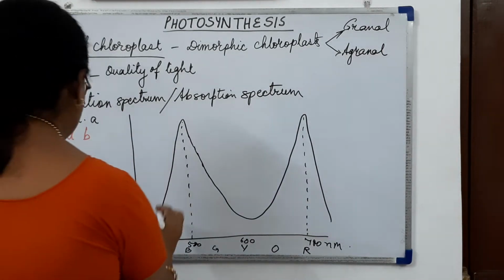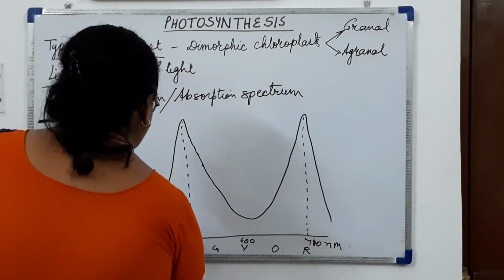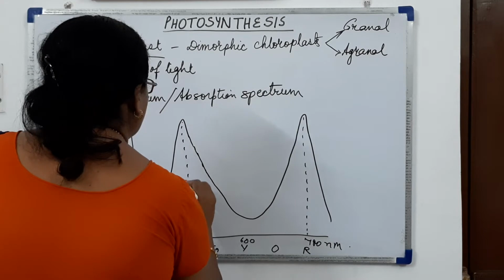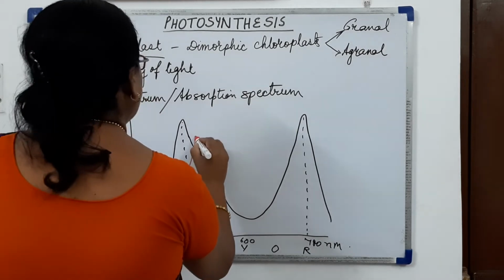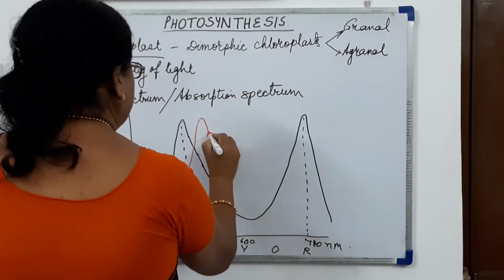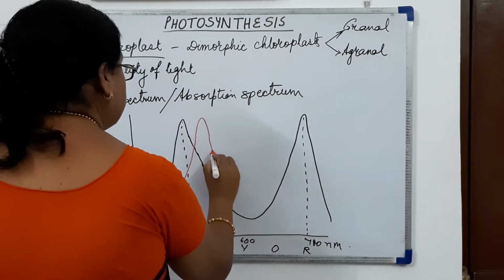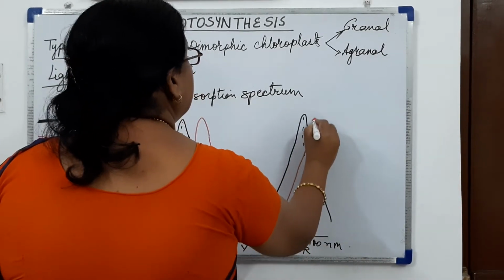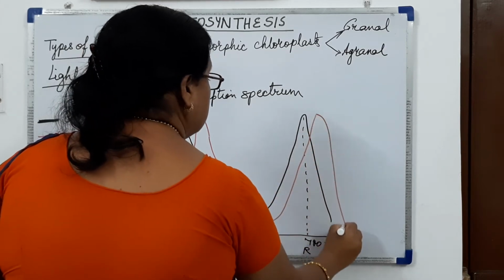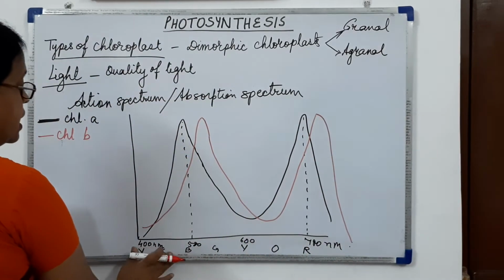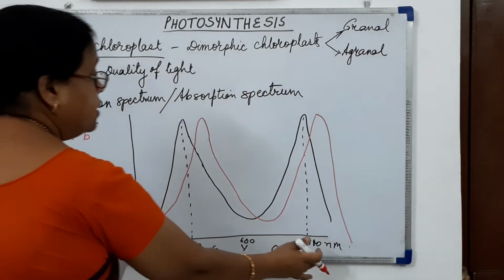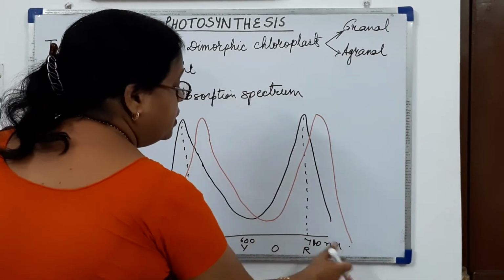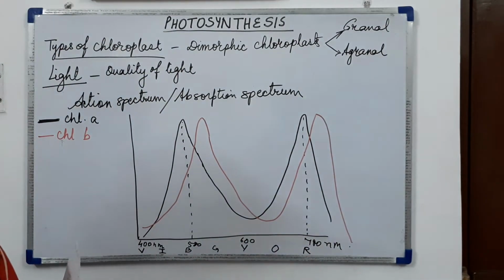It will show only a little shift from this graph, and it shows a similar pattern but a little bit towards the indigo and towards the higher range of the red light.